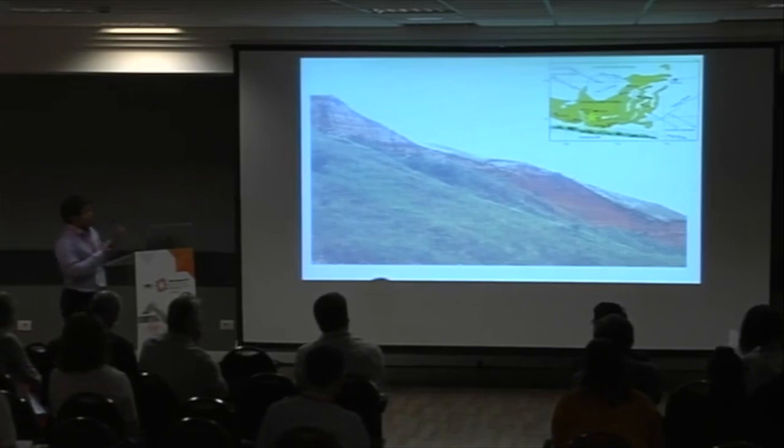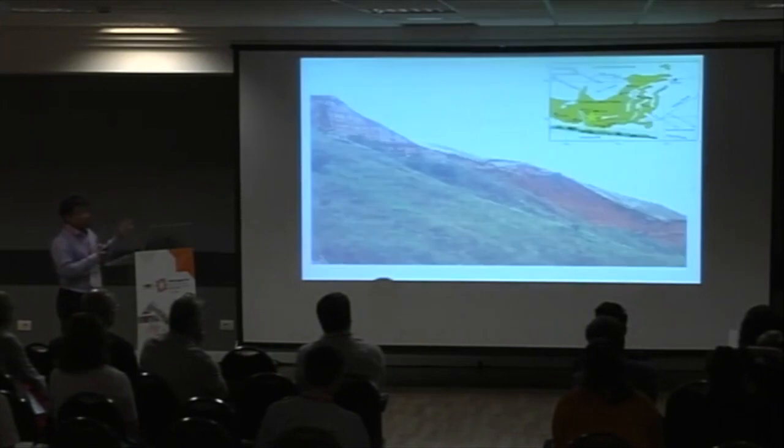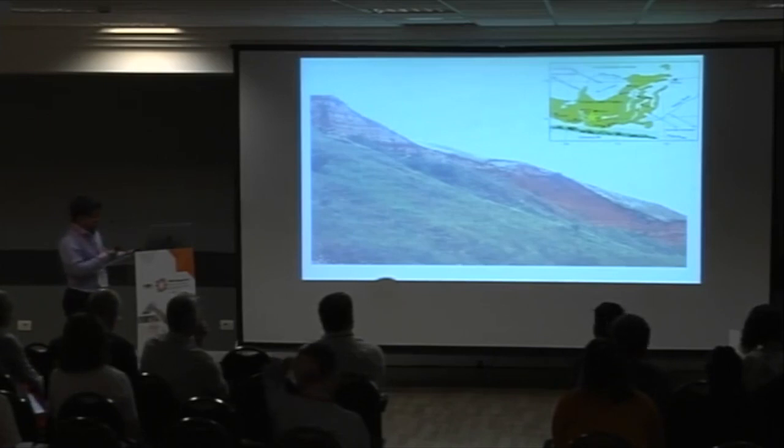On the Loess Plateau, the red clay is different. It doesn't have that color change. As you can see, the color is generally reddish, so the C horizon has been modified to some degree. My study site, I forgot to mention, is these stars.